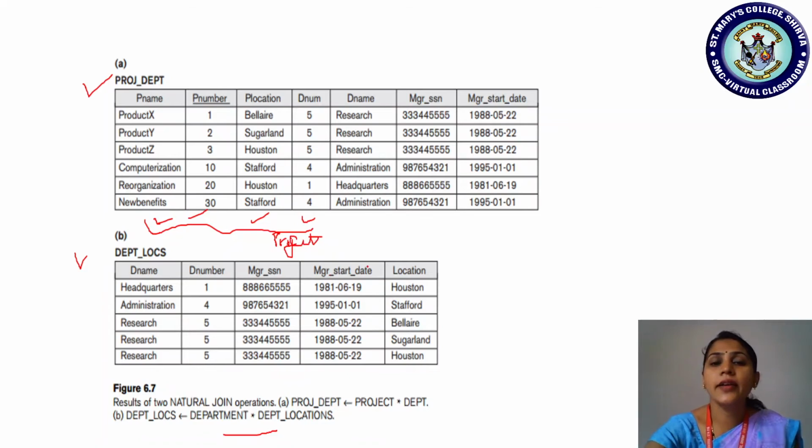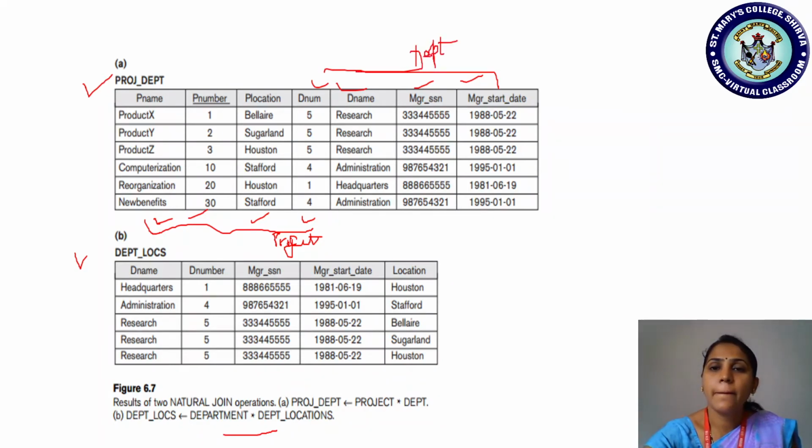Project. Okay, and whereas here, just check out the dnum, department name, manager SSN, manager start date. So these are the attributes belonging to which one? Department. Okay, so in both project and department, which one is common here?